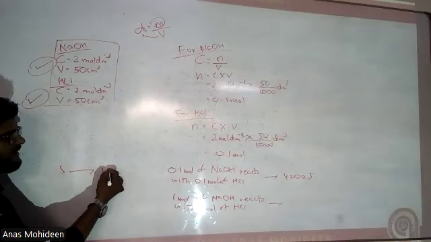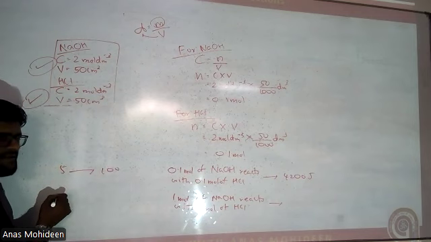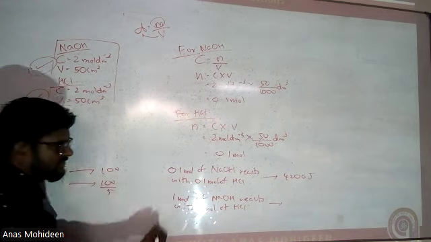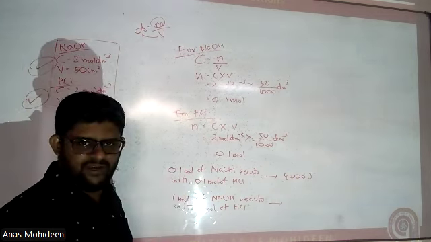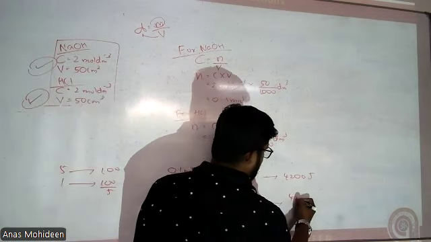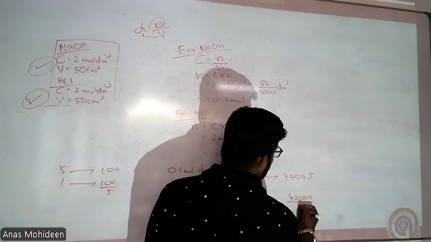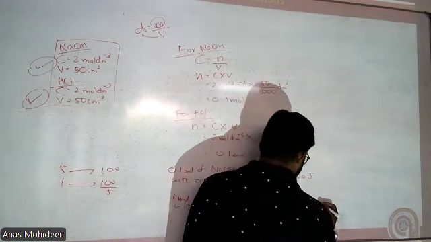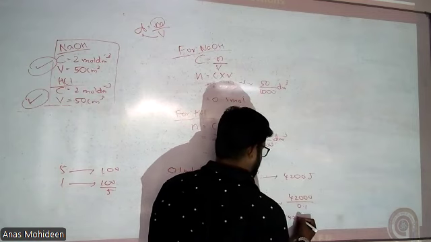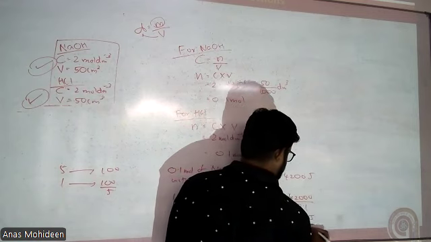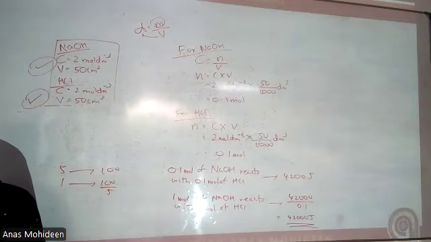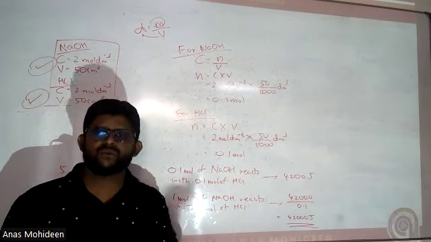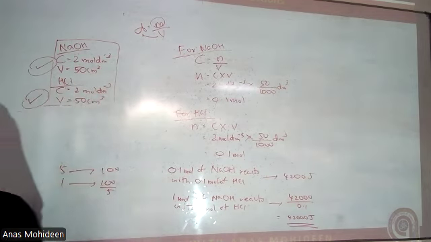For example, if 5 pens equal 100, then 1 is equal to 100 over 5. So 0.1 to 0.1 is 4200, which means 1 to 1 is 4200 divided by 0.1. Yes, 42,000 joules, which means 42 kilojoules. Is that clear now?